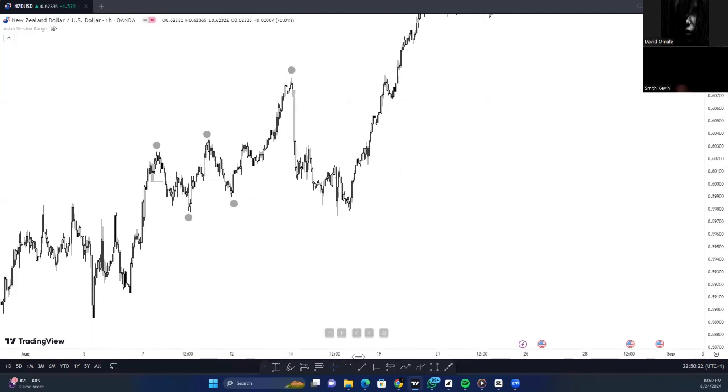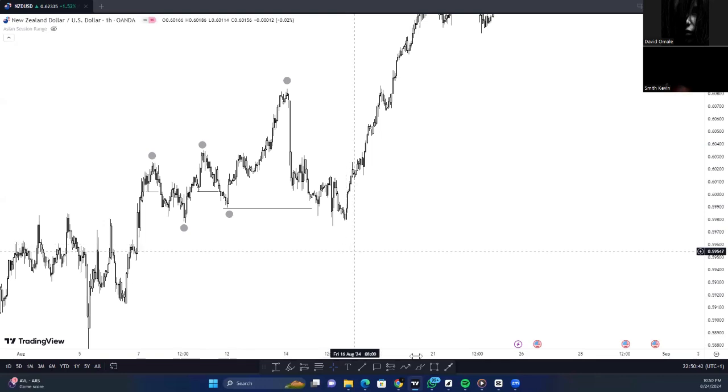Now in this case, I think I'll explain this later in the future, but this is still under liquidity. I told you there are three types: inducements, engineered liquidity, and structural liquidity.